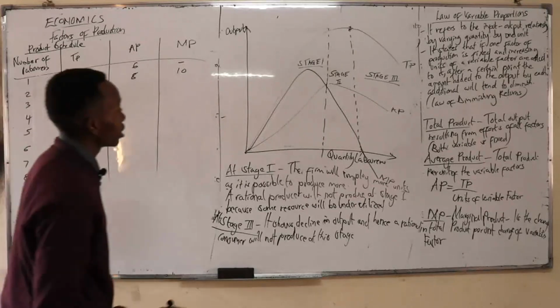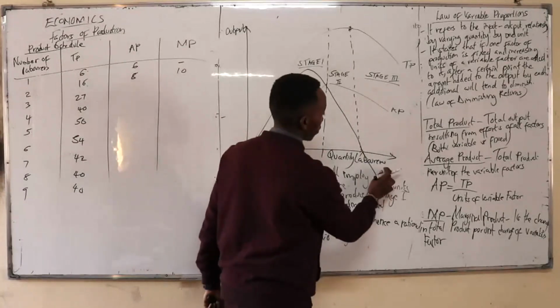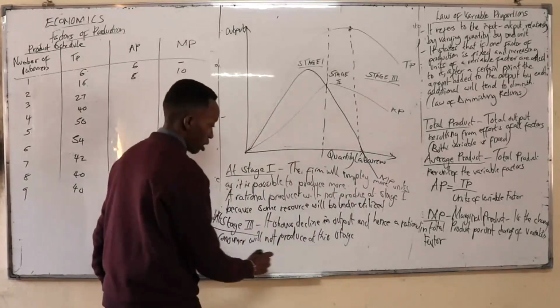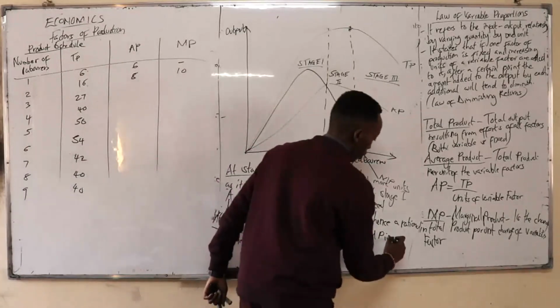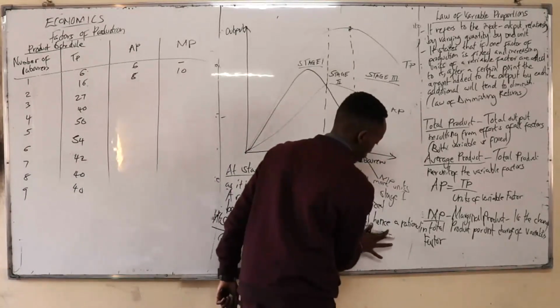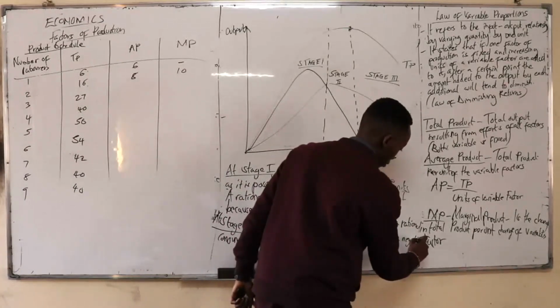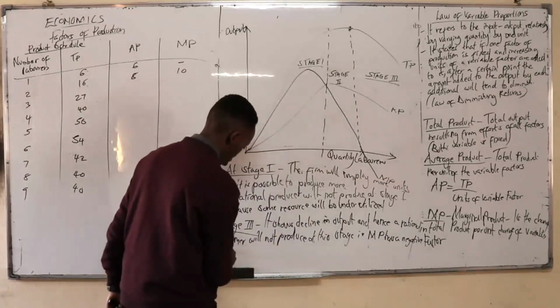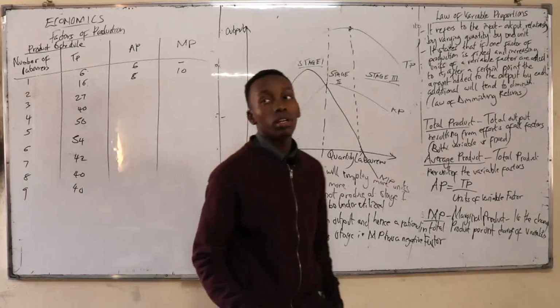So another thing is that also the marginal product at this stage is negative. That is what you're saying. The marginal product is negative or has a negative effect. Let me explain what that means.